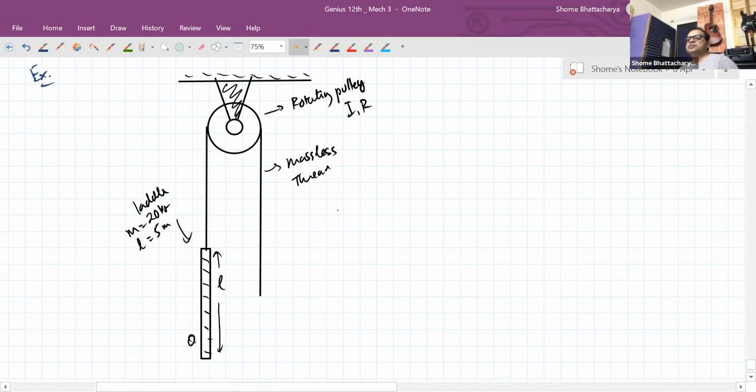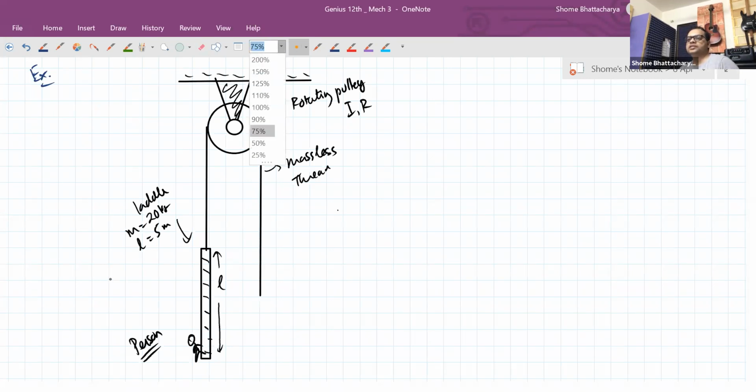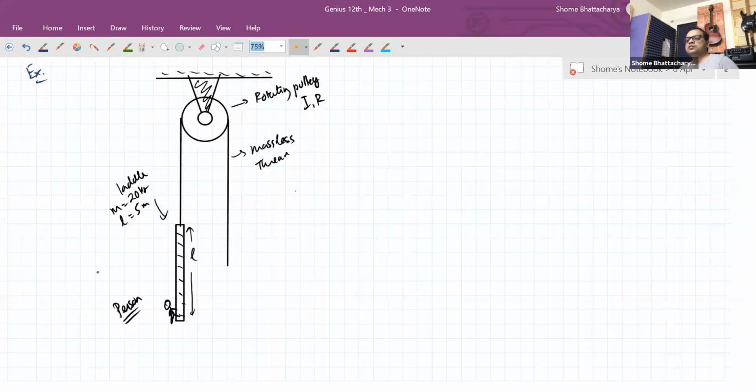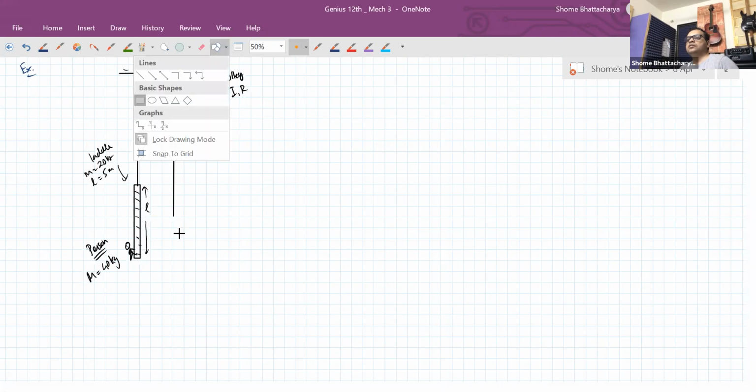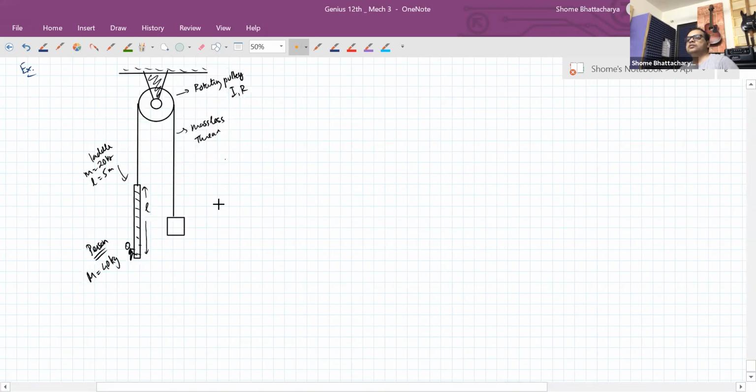And there's a person standing at the bottom of the ladder. Let's say it's a small boy or something, so size is less. Okay. So the person has a mass of, let us say, 40 kgs. Okay. And on the other side, we have a counterweight. So we have a balancing weight.